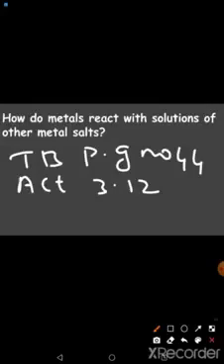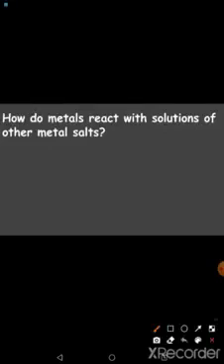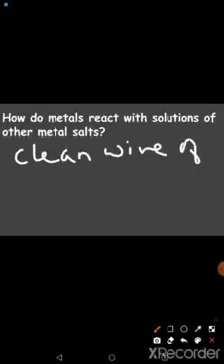They have said you have to take a clean wire of copper. These are the materials you require: a clean wire of copper and an iron nail.